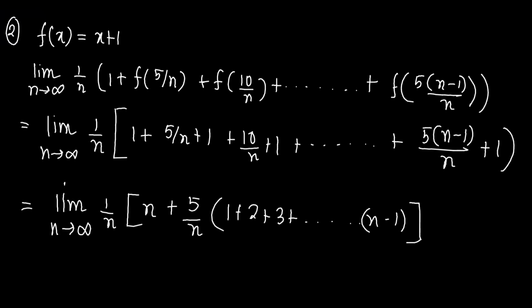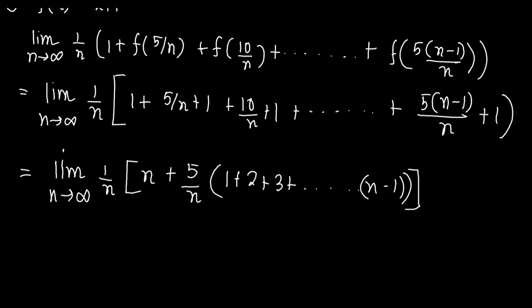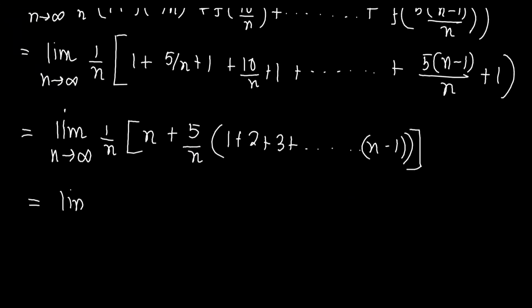Okay, this we will get. Why? Because you can see here that 5 by n, 10 by n, so here it is actually 5 into 2, next term will be 5 into 3, and here it is 5 into n minus 1. So if I take 5 by n common, it will be 1 plus 2 plus 3 plus up to n minus 1 terms.